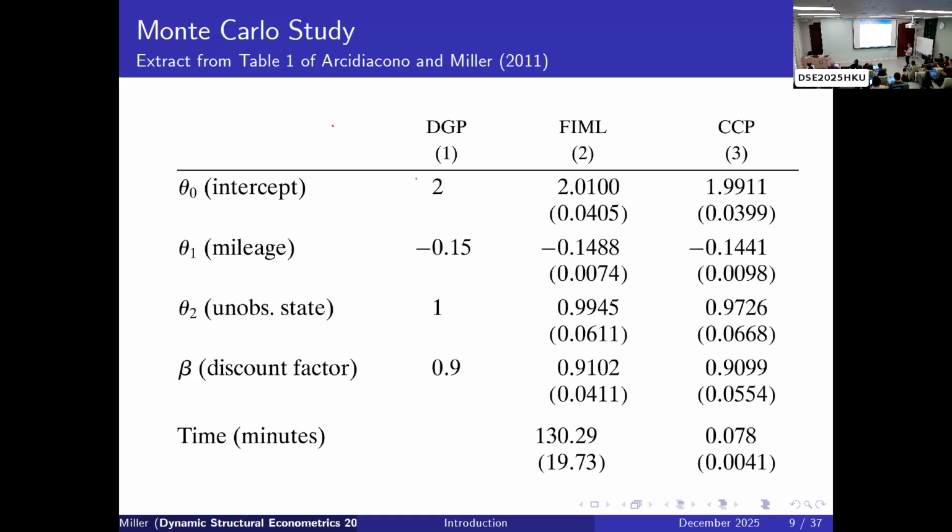So here's our data generating process, and you already know what the model is in this case. It's Mr. Zurcher's model. You can see that the estimates are roughly the same, and the standard errors are roughly the same. The main difference is the computation time: it's huge, and still is, although it's way down from 130, but still plenty when you've got beta in there being estimated. Whereas this is a few seconds. It's easy to see why.